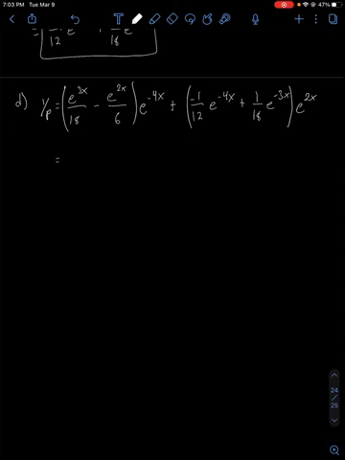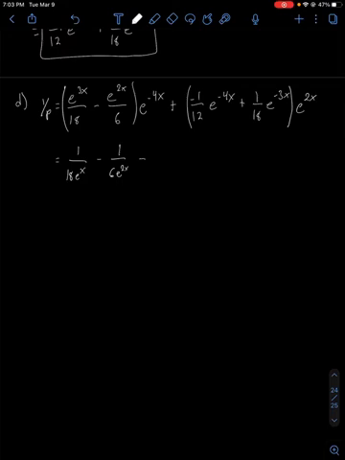So e to the minus 4x times e to the 3x, we're going to add the exponents together, so we're simply going to have e to the minus x over 18. So I'm just going to write 1 over 18 e to the x. E to the minus 4x times e to the 2x is going to be e to the minus 2x, so I'm going to write 1 over 6 e to the 2x plus. That's actually going to be a negative, so I'm going to just go ahead and write negative here.